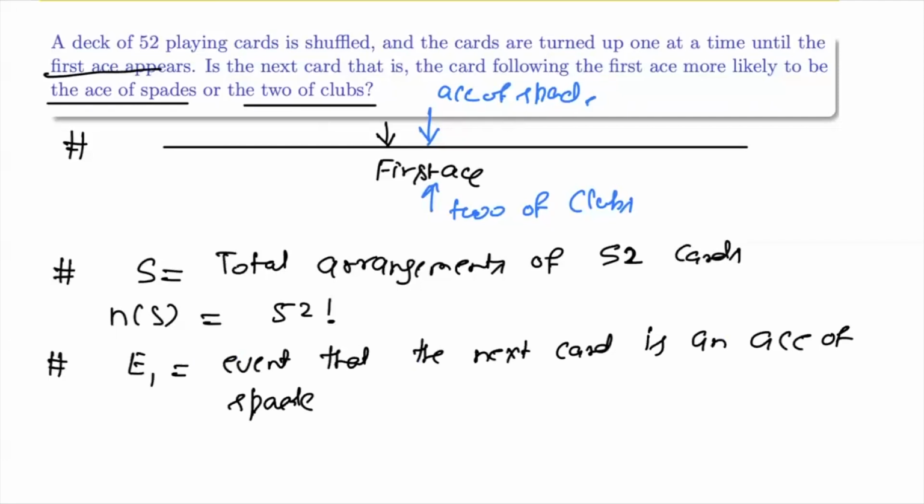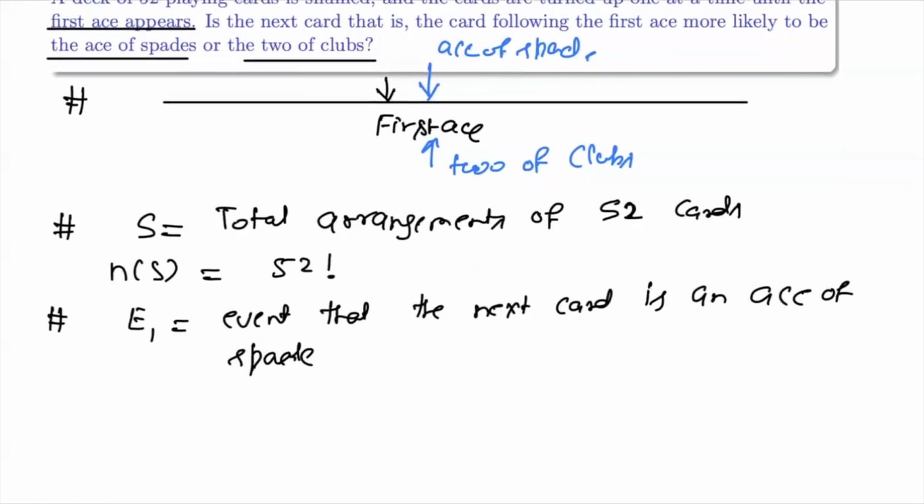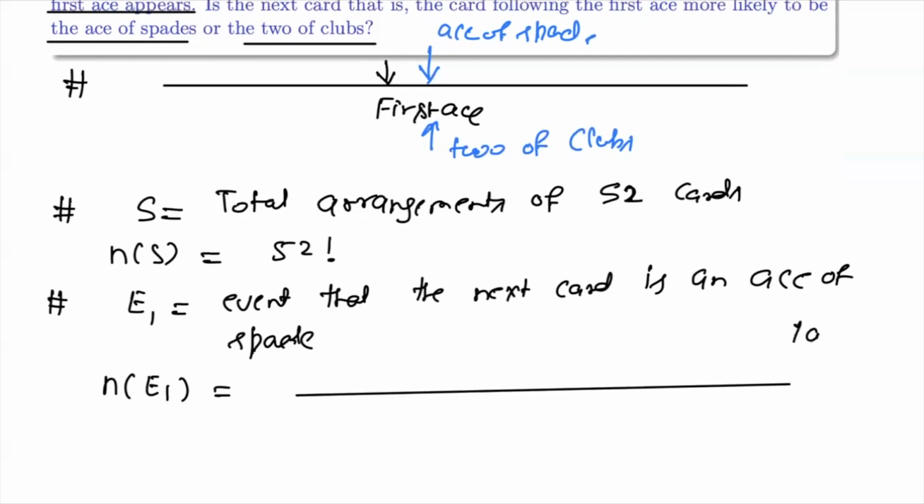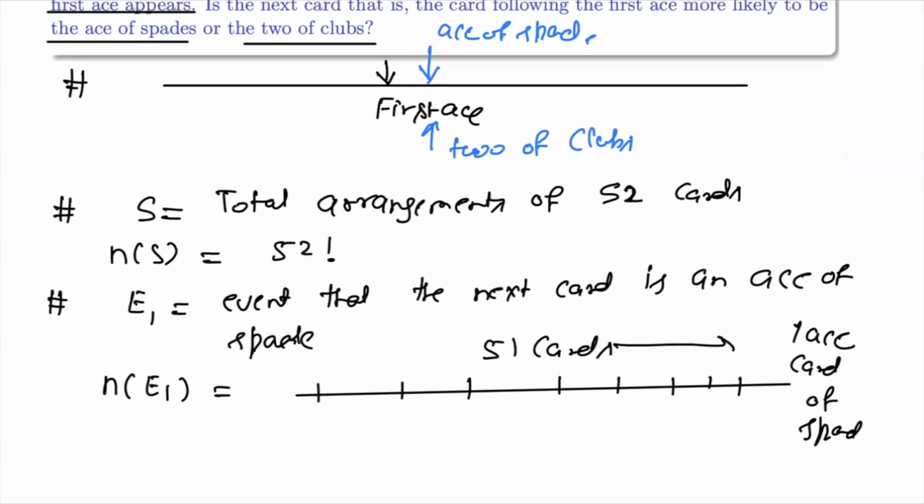So now how can we find n of E1? In this case, you keep this one ace of spades card separate, and you arrange the rest of the 51 cards.